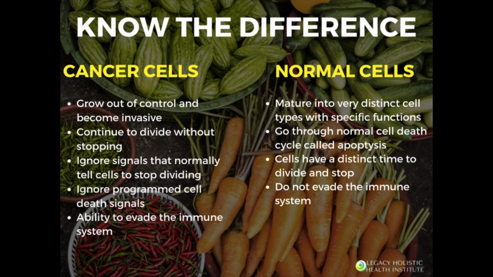For example, with the help of certain immune system cells that normally prevent a runaway immune response, cancer cells can keep the immune system from killing these cancer cells. So cancer can be very sophisticated in the way that it hides, in the way that it spreads, and in the way that it becomes malignant in the body.